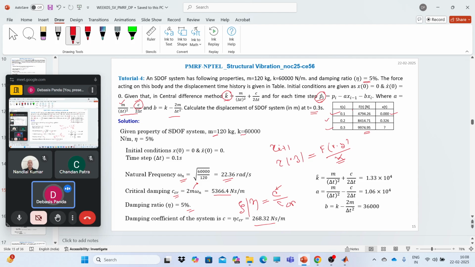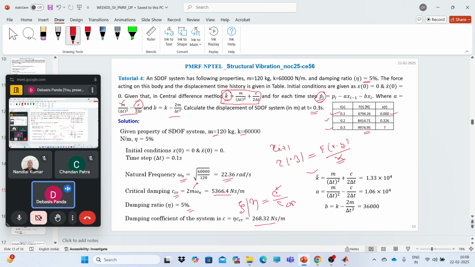Now easily I can calculate the effective stiffness. What will be the effective stiffness? Here they have provided it in terms of this expression. After using the central difference method, the effective stiffness comes as m by del t square plus c by twice del t.